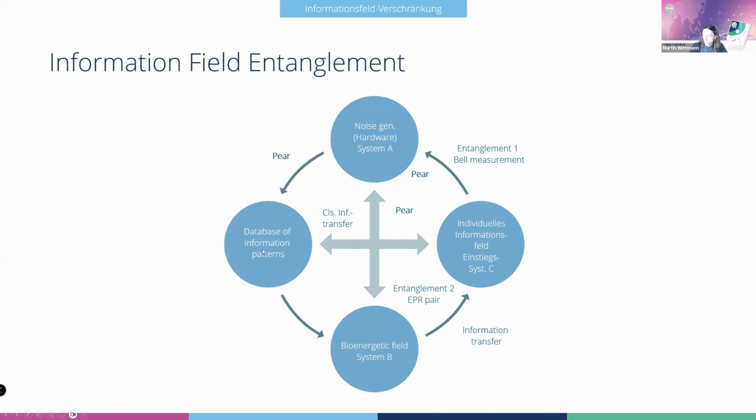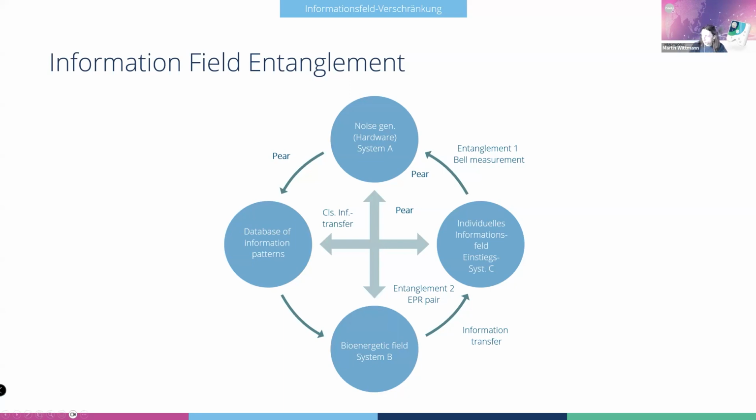Now, what is actually happening here? You can simply say, okay, up there we have a Healy, down there that's you. On the right side, that's an information field, either yours or that of a client. And on the left side, you have the app, the Analyze app, for example. So what is now happening? You usually have an information transfer from the bioenergetic field to the individual information field, which is always the case.